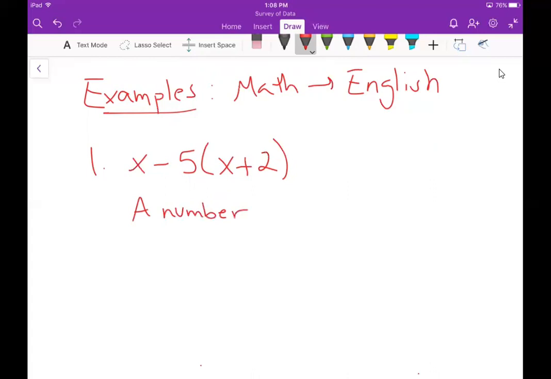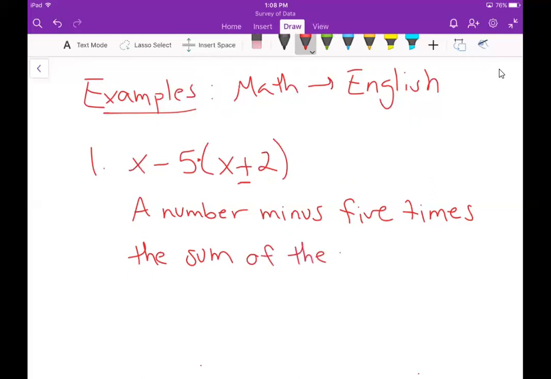So this time we've got a number, then we see a subtraction sign, so minus, then I see a 5, so minus 5, and then I see an operation, 5 times, and remember, in order to get from those parentheses, I need a new operation, so 5 times, and then what's that operation? Times the sum was a good way to say addition, times the sum of what? Of the number I mentioned before, plus 2.